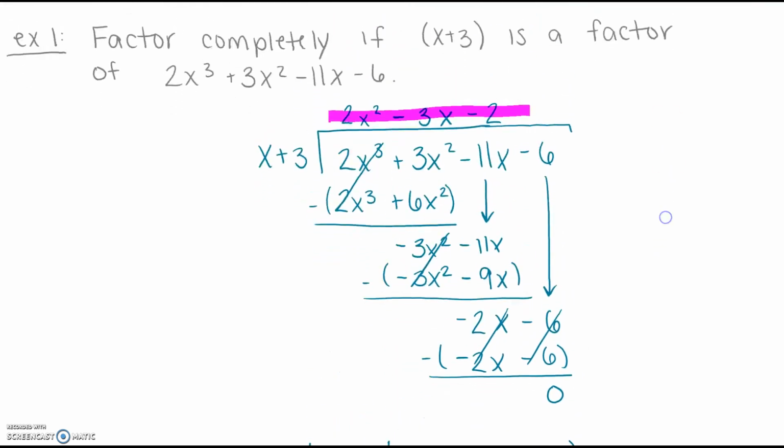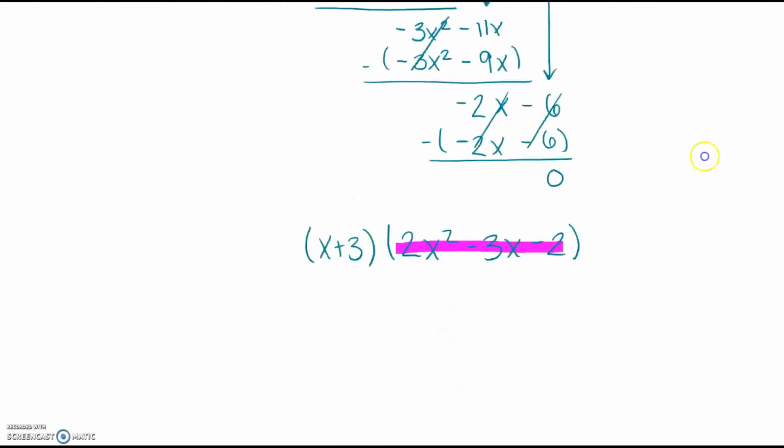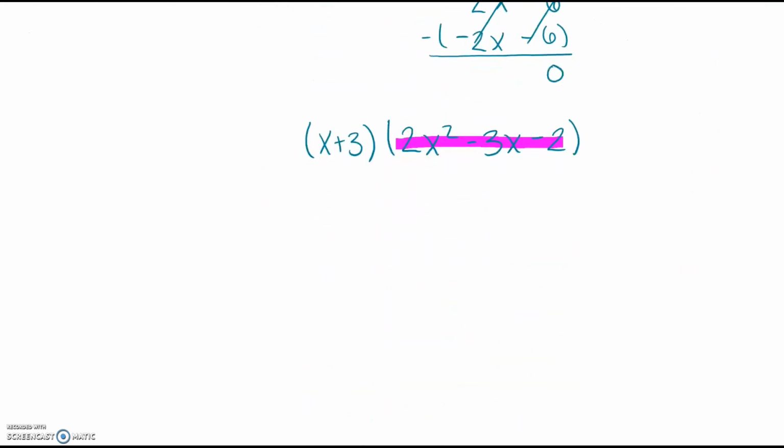Okay, but remember, we need to factor completely. So what we need to do now is ask ourselves, can we factor anymore? So x plus 3 can't be factored anymore, so we'll leave that as x plus 3. And then, can this be factored anymore? 2x squared minus 3x minus 2.